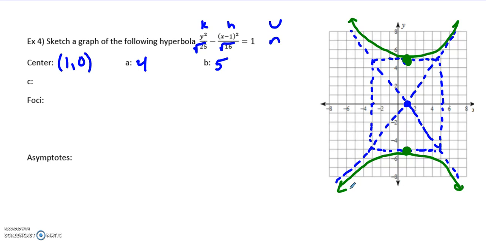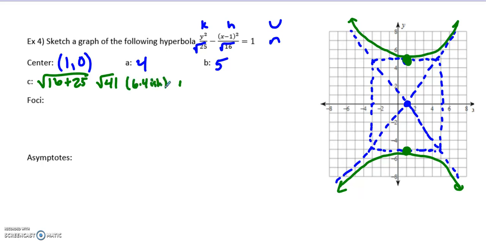Analyzing it very quickly, the c value is going to be the square root of a squared, which is 16, plus b squared, which is 25. So whenever I put those two together, I get 41. Now, 41 doesn't really reduce nicely, but its square root is going to be around 6.4-ish.